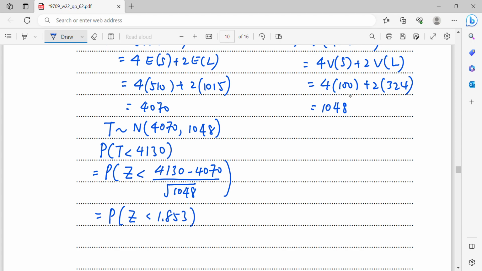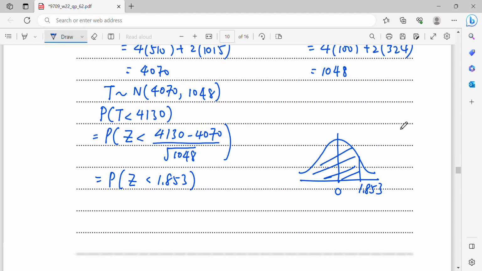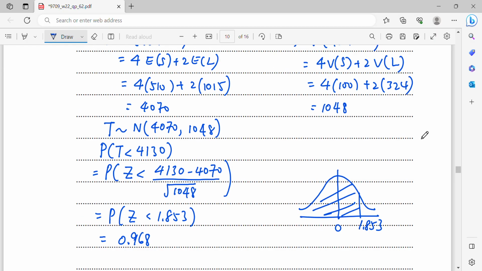Now, when you refer to the graph, the critical value is positive 1.853 and your region is less than. That means the region is exactly the same as the region in the table. Therefore, we can just directly read the answer from the table and you will get 0.968. So that's the solution of this question.